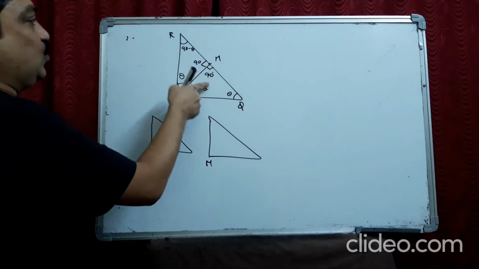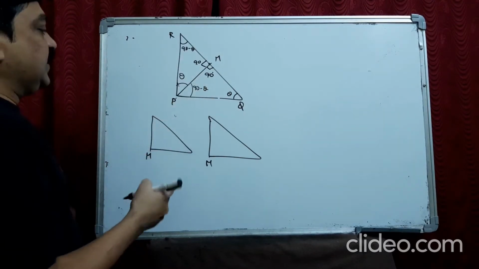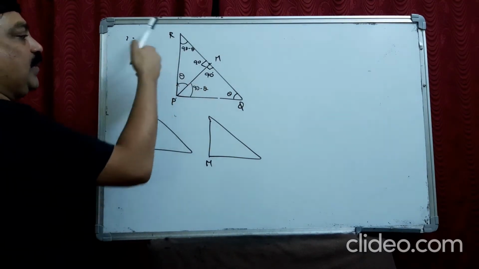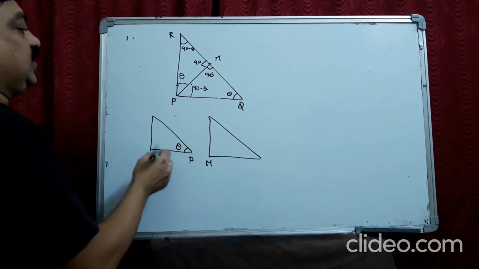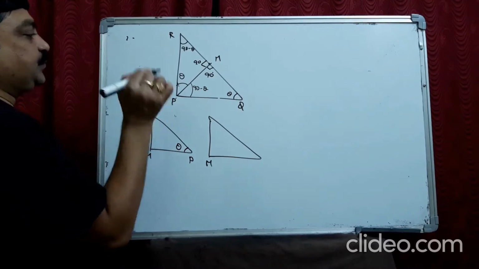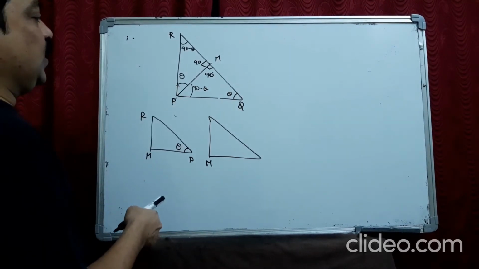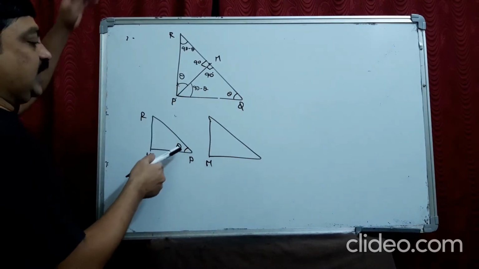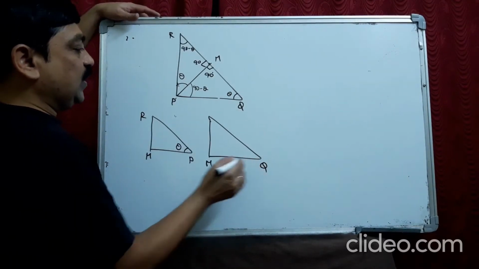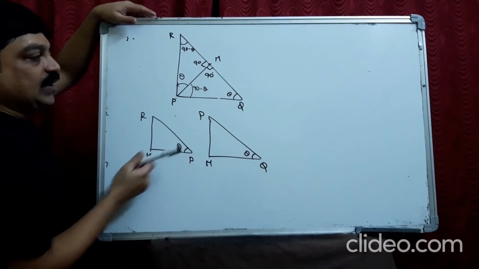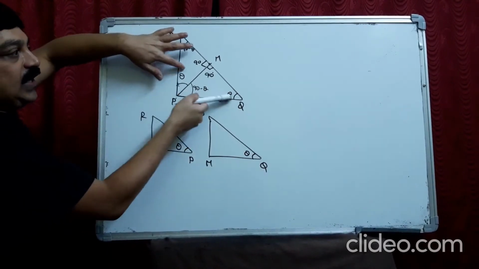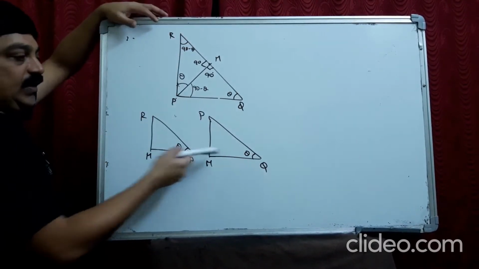So when you are taking two triangles, where does theta exist here? In PMR, P is theta. And in PMQ, where is theta existing? Theta is existing at Q. See, where theta is there we should equate them. The rest will be same.